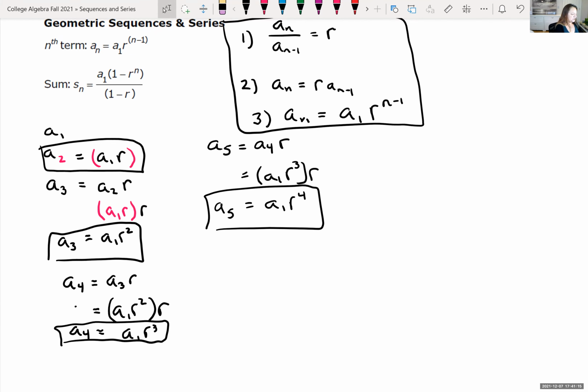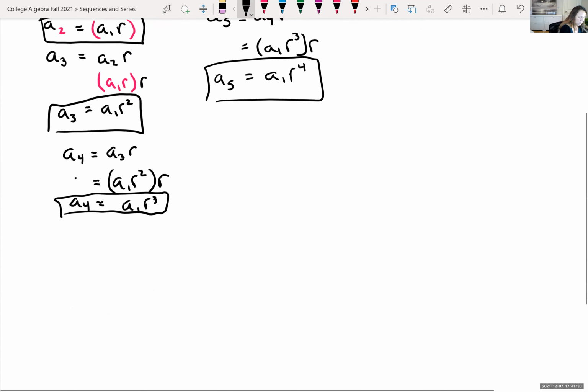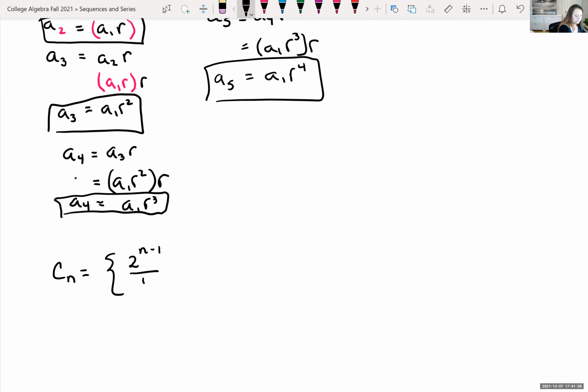So let's say you want to show that something is arithmetic. Not arithmetic, geometric. So let's say you have c sub n. This is equal to 2 raised to the n minus 1 power all over 4.